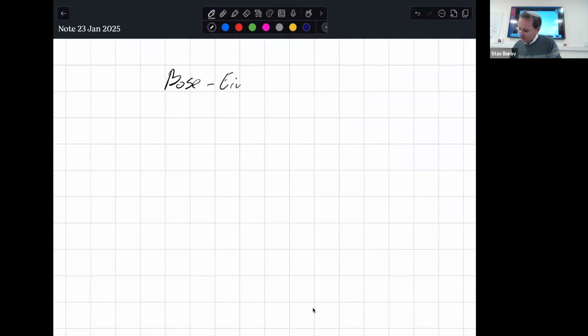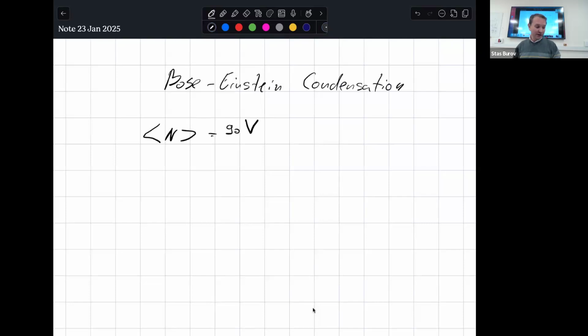So we're dealing with Bose-Einstein condensation. What we managed to obtain is the following solution. The average number of particles in the system is equal to g0, which is simply the degeneracy that we have, multiplied by the volume, divided by lambda T to the power 3, multiplied by this polylogarithmic function of zeta, where zeta is simply e to the power beta mu, okay?